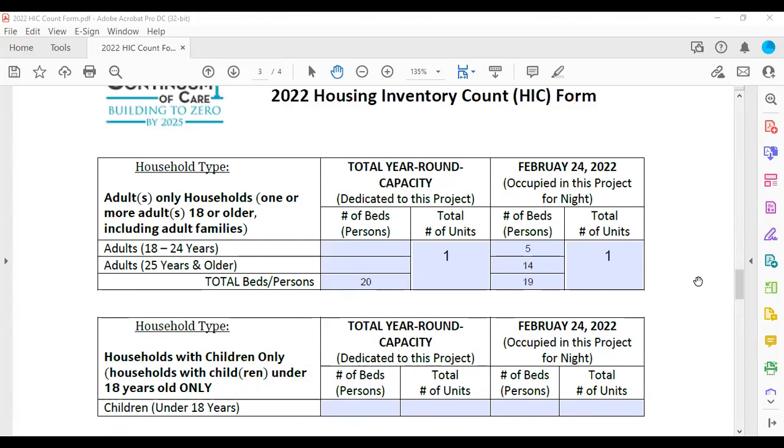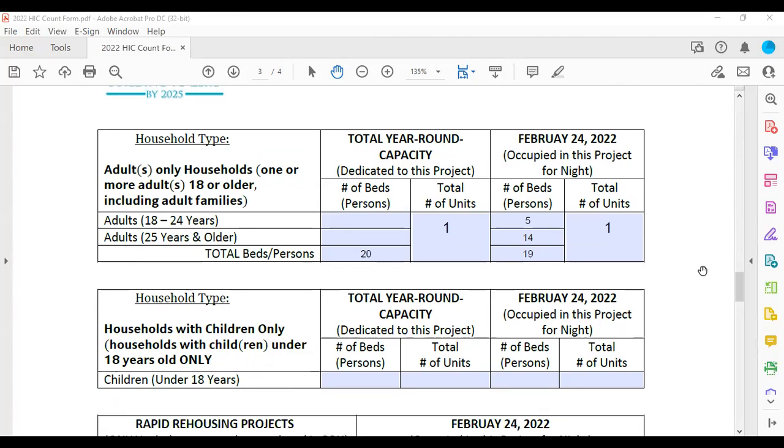So we don't have them designated as families only or singles only. Right. So it sounds like you primarily have what we would call adult and family households. You do take some singles, but you don't dedicate singles, right?